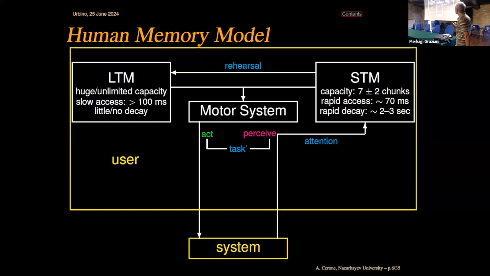Now, I talk about chunks because the important thing is that it's not really the quantity in terms of bits or bytes of information, but whether the person is able to structure the information: a certain structure becomes one chunk. That's why, for example, chess players can memorize very big configurations on the chessboard, because they can structure the information in a logical, meaningful way, which a person who is not a very good player cannot do.